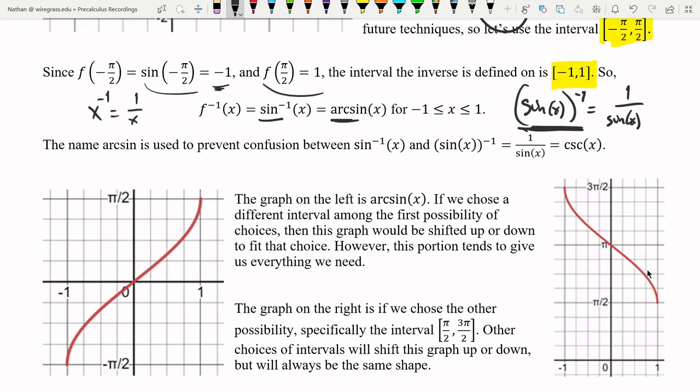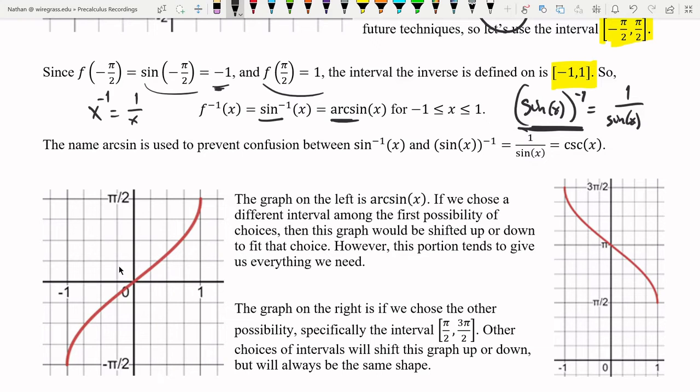You can see that it's a different shape than this one. It's a flipped version of it, and it's shifted up vertically, so that it's going to give you different values. But for a lot of the reasons that I told you before, we like to work in this domain 0 to pi over 2, and so we want to have this portion as our graph.